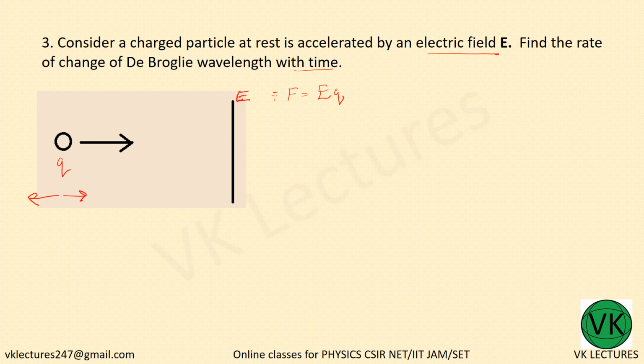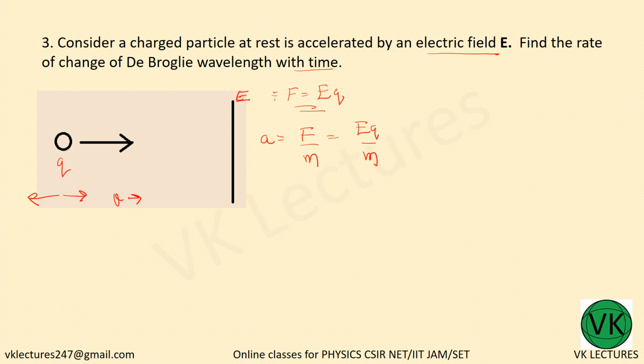Now let us assume it is moving towards. As it moves in the electric field E, its velocity increases because of the force. There is an acceleration. So what is acceleration? Acceleration will be equal to force divided by mass of the particle, which is nothing but EQ by m.